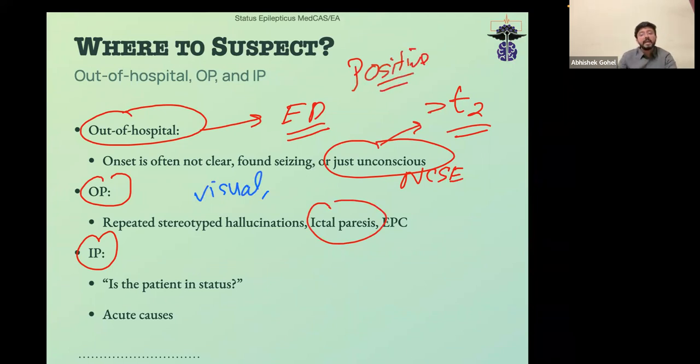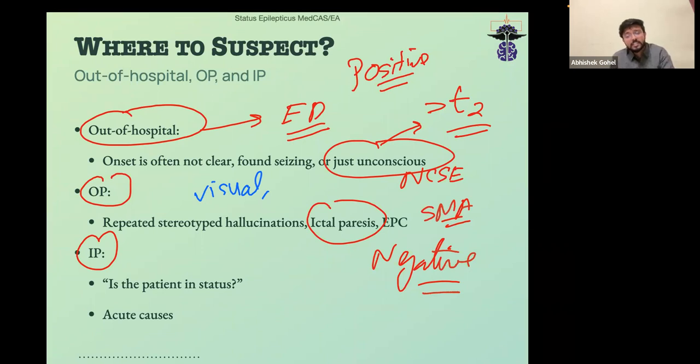We have ictal paretic seizure, which is a negative seizure. It means they present as weakness, like stroke-like symptoms, but it is a negative motor seizure which occurs due to activation of the supplementary motor area.